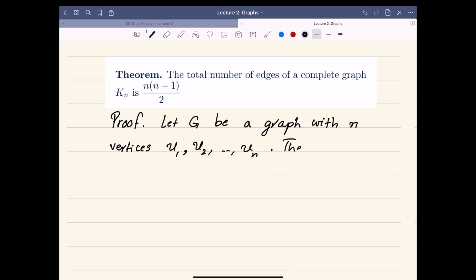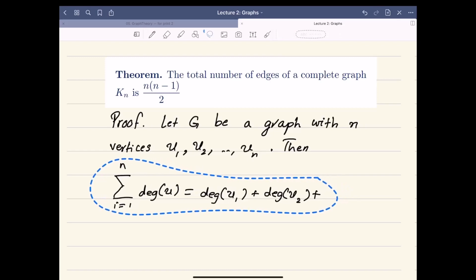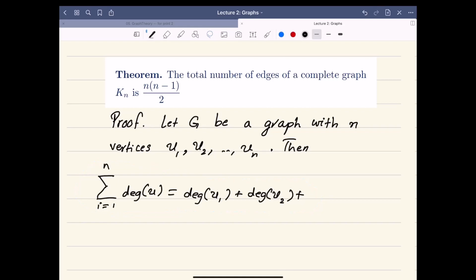Then the degree equation, which is the summation, i goes from 1 up to n, of the degree of Vi, is equal to the degree of the first vertex plus the degree of the second vertex, until the last vertex, the degree of Vn.